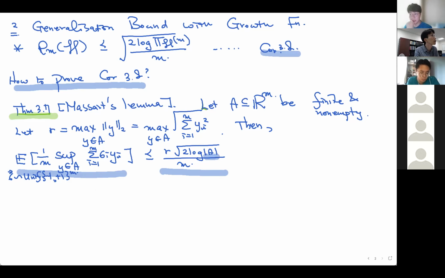So what's really going on? You can ignore this 1 over m because it appears on both sides.